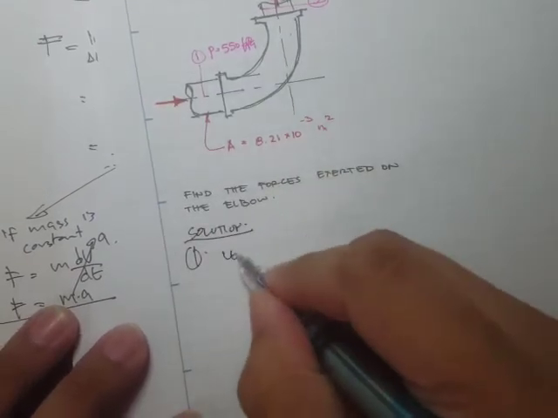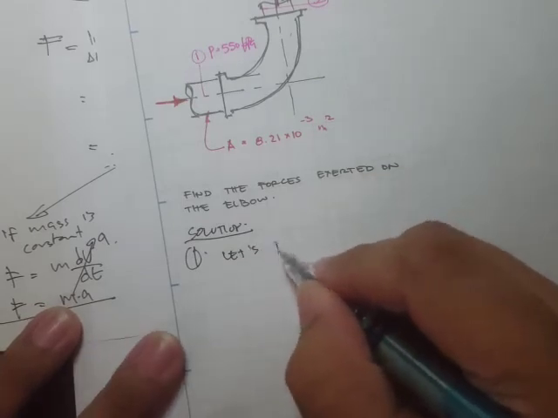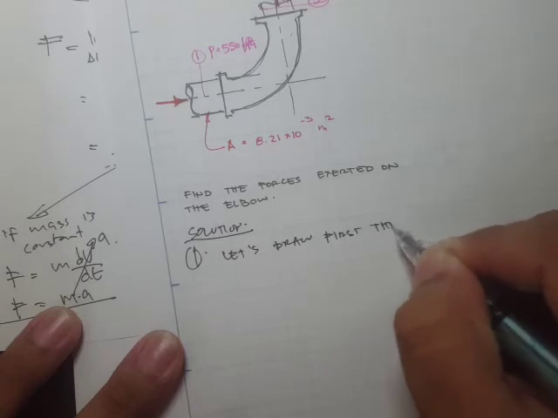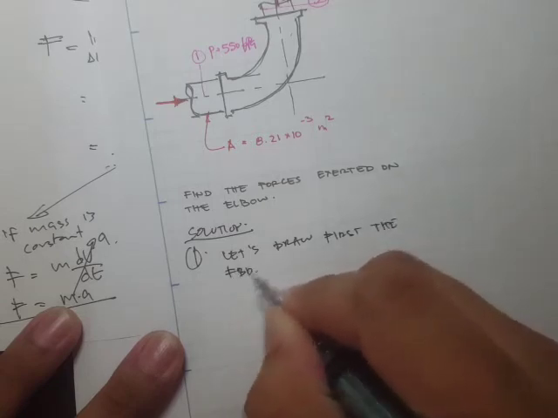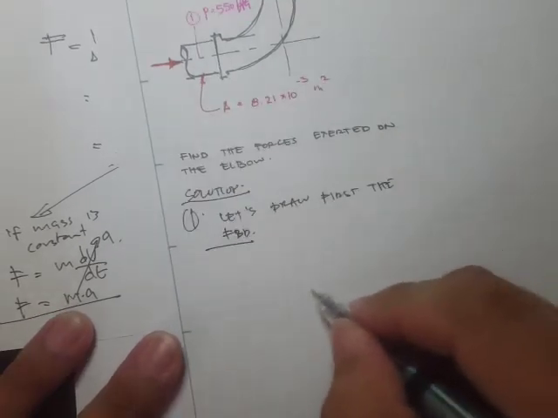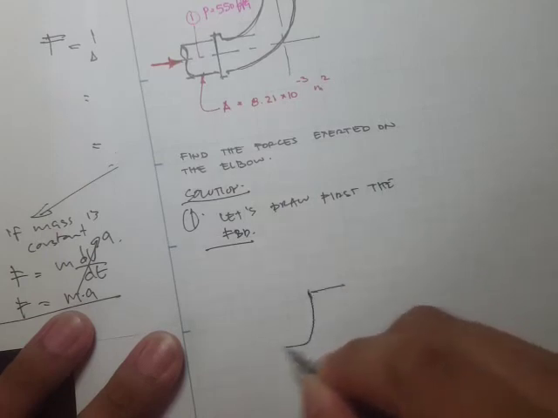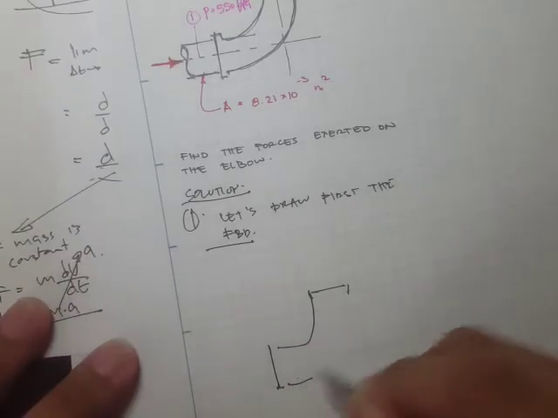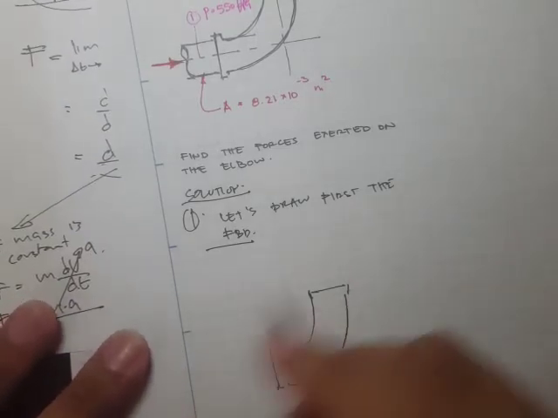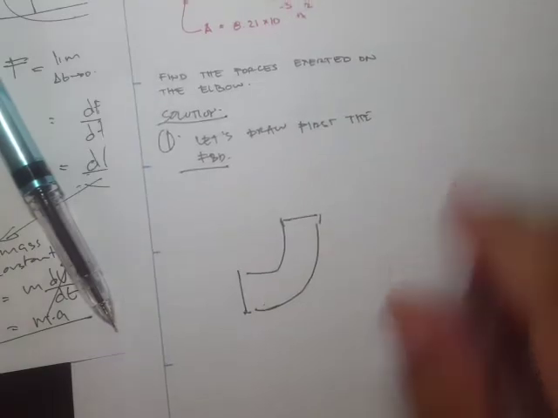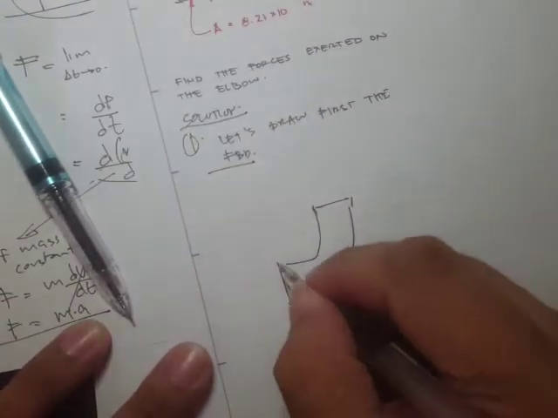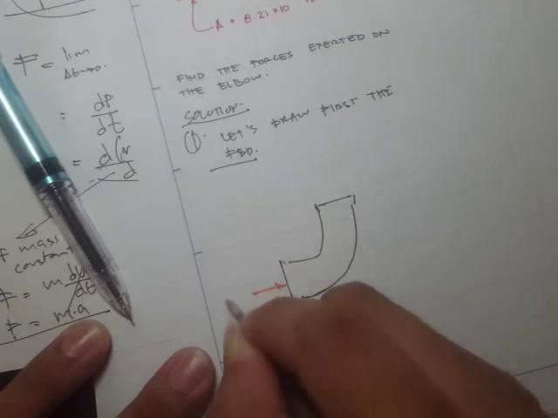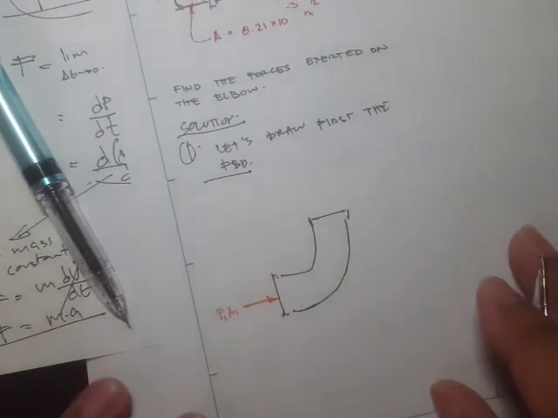Okay, so for the solution, let's draw first the free body diagram. So we have here the elbow, and the forces acting would be the pressure force, which is just equal to P1 times A1.